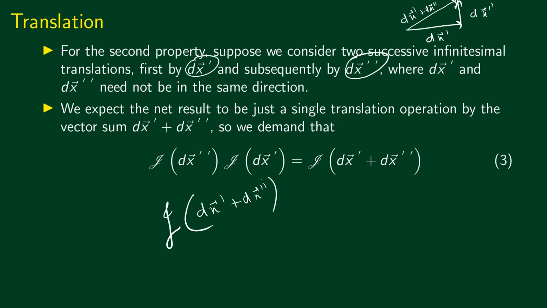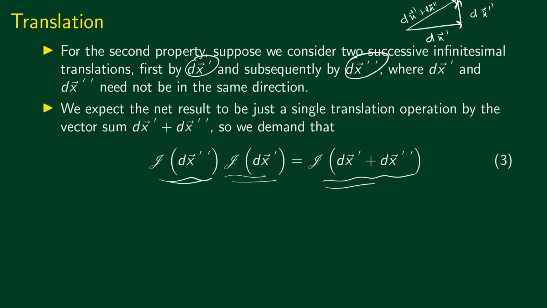So we need the condition j of dx vector double prime multiplied by j of dx vector prime is equal to j of dx vector prime plus dx vector double prime. We write this first because if I put a state here, I want this translation to act on it first and then this translation.